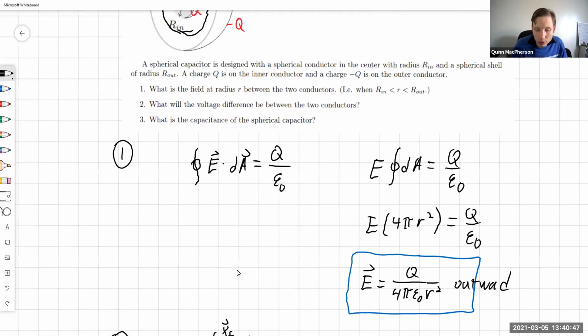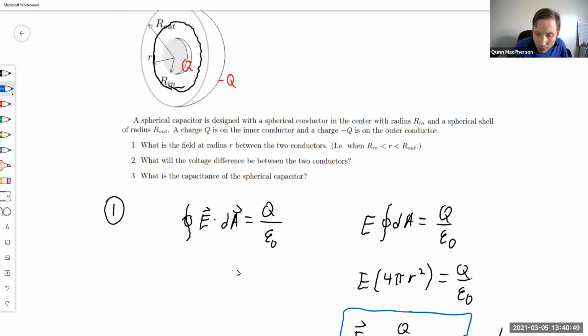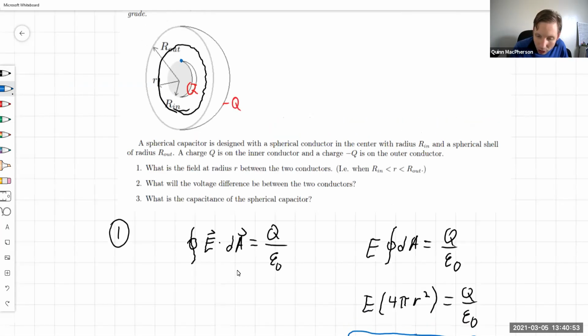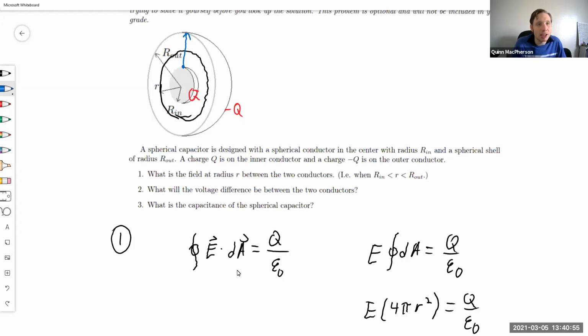Okay, so in my case, what path am I going to use? I'm going to take the path from the inside directly to the outside. So I'm basically going to integrate in the radial direction, which is going to be really nice because the electric field points in the radial direction, and I'm traveling. My ds will be dr because I'm basically traveling along a radius.